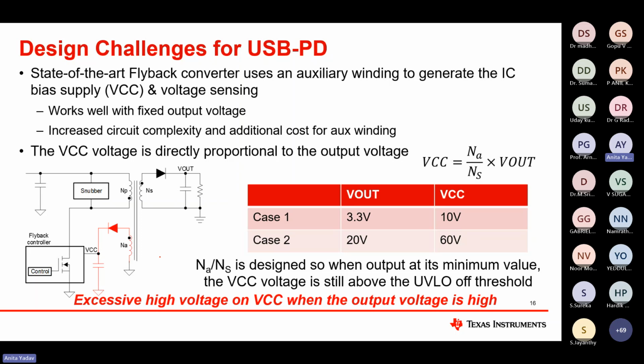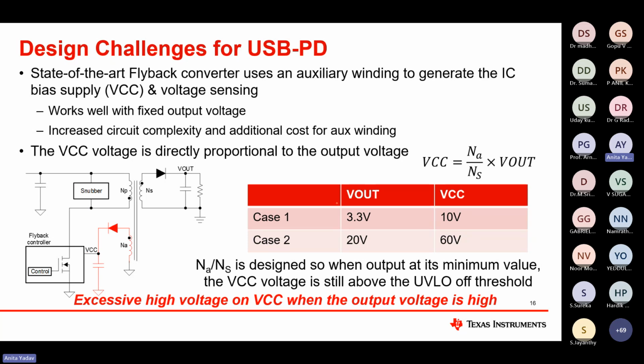Generally, we have to generate a VCC supply. So we have a controller, right? We need a supply for it to work. To generate that biasing, generally what we do is put a third winding in the flyback transformer, known as the auxiliary winding, and then we design a peak detector circuit, diode and cap, and take the VCC cap.